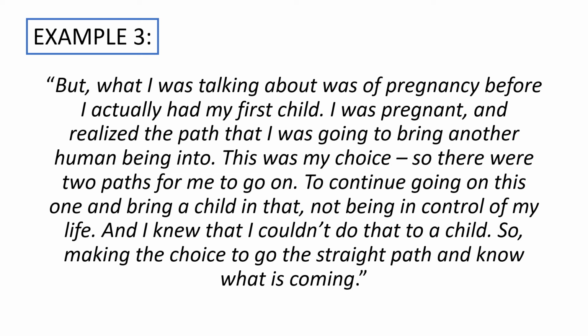This was my choice. So there were 2 paths for me to go on: to continue going on this one and bring a child in, not being in control of my life, and I knew that I couldn't do that to a child, so making the choice to go the straight path and know what is coming." And that was pretty much how the woman herself expressed the image that was previously presented.